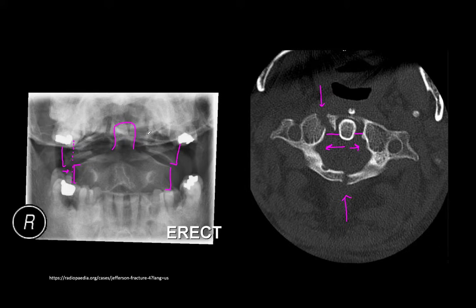So there's the dens. Here's the medial margin of the lateral masses, and we can assess the paraodontoid spaces here. You'll notice they're not equidistant. Usually, there's no minimal measurement, but they should be equidistant, so the same distance on either side.